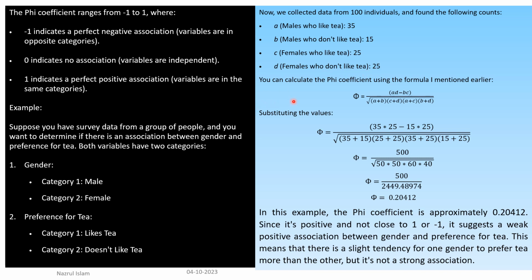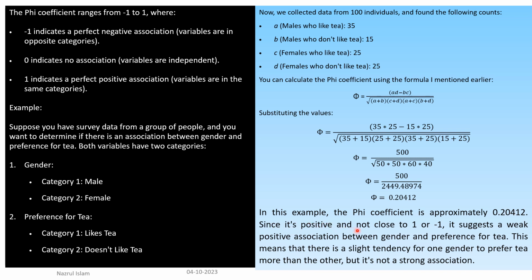So by putting the values in the Phi correlation coefficient formula, we get the result as 0.20412. This is the result. So in this example, the Phi coefficient is approximately 0.20412.